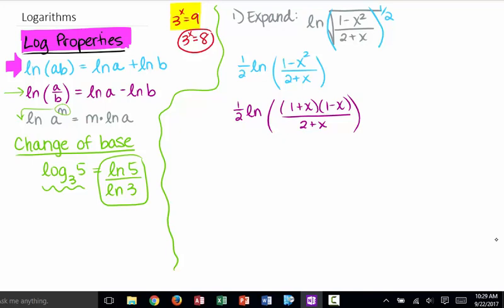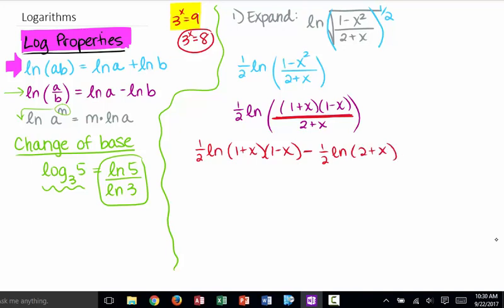And I will now see that I have overall here a quotient, and so I will have 1/2 natural log of the numerator, and again I'm just going to go step by step here so you can see, minus, because this is in the denominator, 1/2 natural log of the 2 plus x.